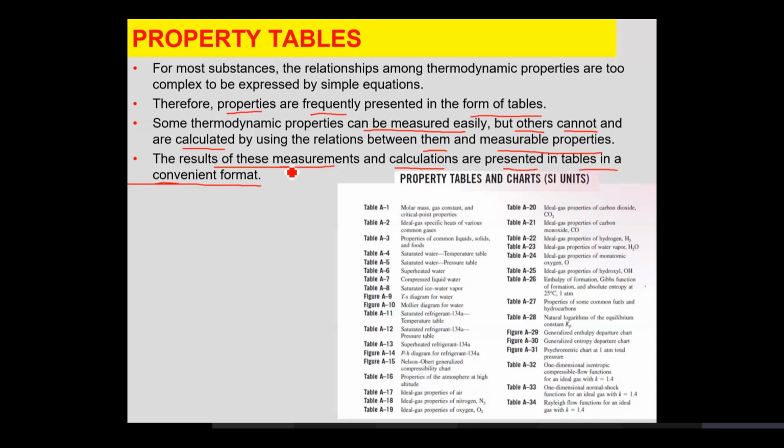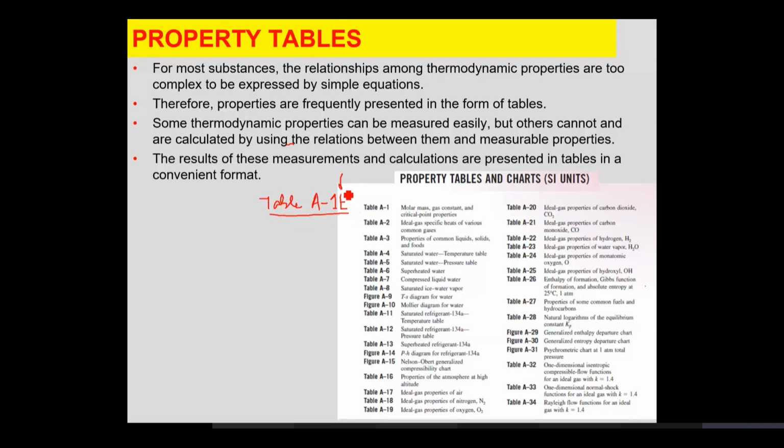A list of tables. This is the list of tables that are given at the end of your book. First thing first, you have two sets of the same table. If you see, you'll have table A1 and you will also have table A1E.